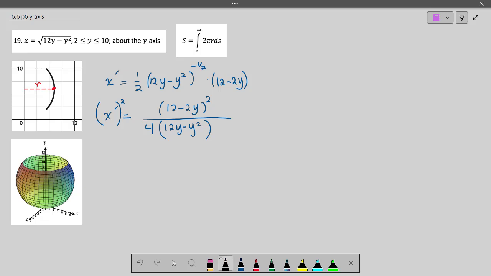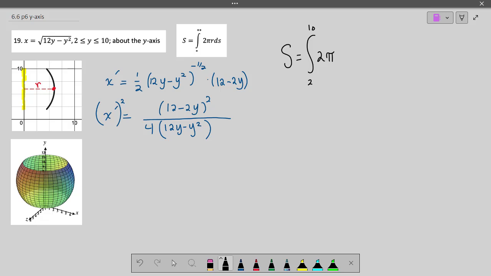So surface area will be the integral then. They've given us y limits, so that's all good. That's matching. We're thinking about our interval is right over here. We're integrating along this interval right there. And 2 pi r. Again, that r is measuring horizontal.